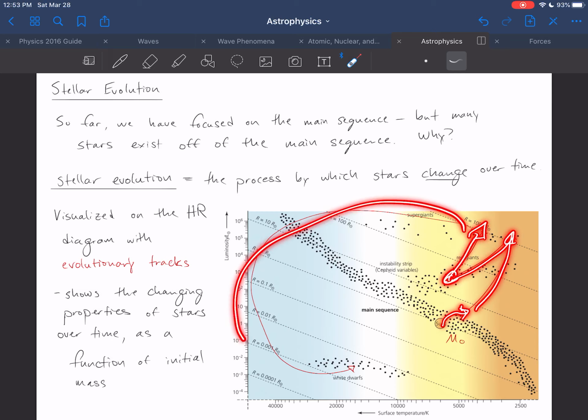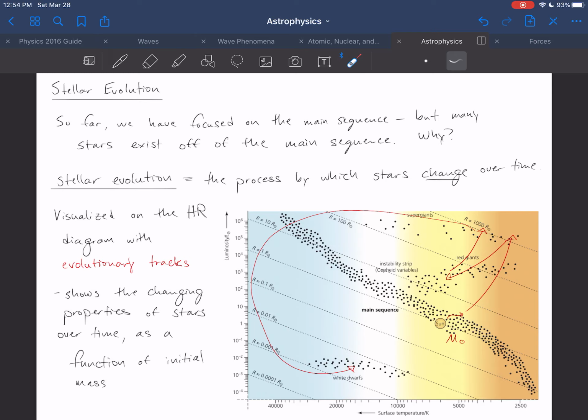As it undergoes those changes, its properties change, and we'll explain those changes in this series of videos. The important principle to remember is that the changing properties of those stars over time is almost exclusively a function of the initial mass. The initial mass of the star will control what happens to it, when, and how.